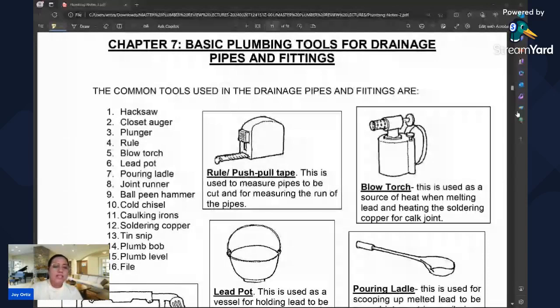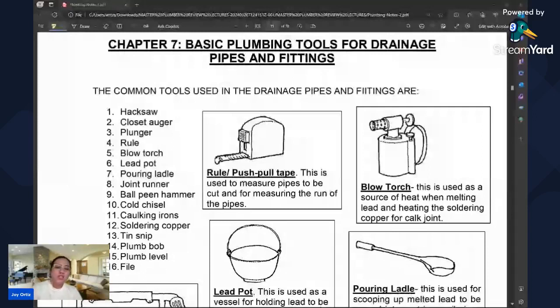So, let's start. The basic plumbing tools for drainage pipes and fittings. So, ano ba yung mga kailangan natin alamin, tandaan, pagdating sa mga fittings nito? Here are the common tools used in the drainage pipes and fittings.